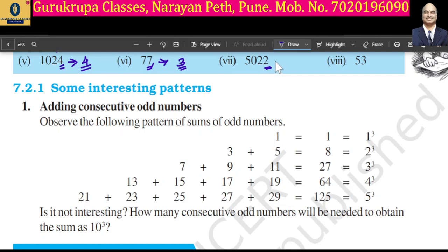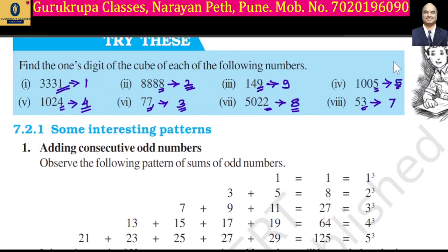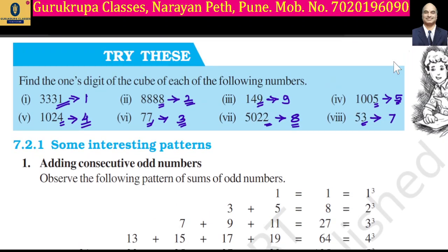5022, 2's cube is 8, so we get 8 in the unit place of the cube of 5022. And for the cube of 53, 3 threes are 9, 9 threes are 27, so 7 is in the digit place of the cube of 53. There is no need to actually calculate the cubes of all these numbers.